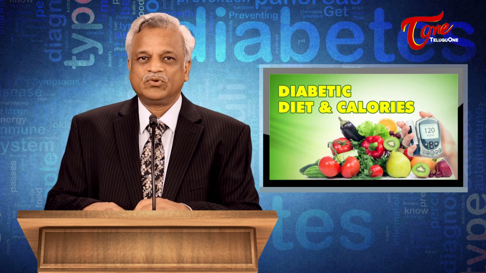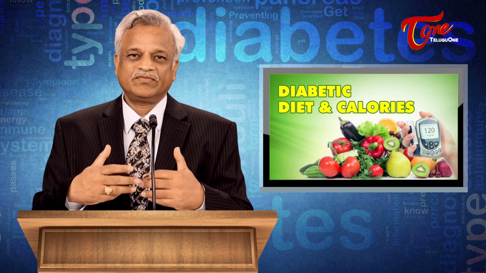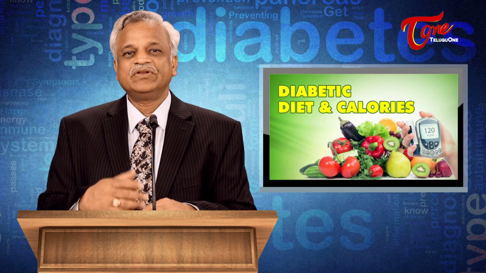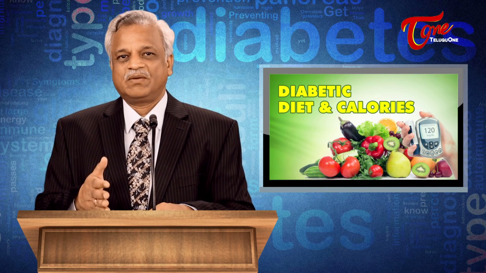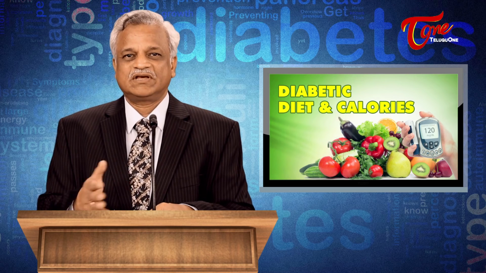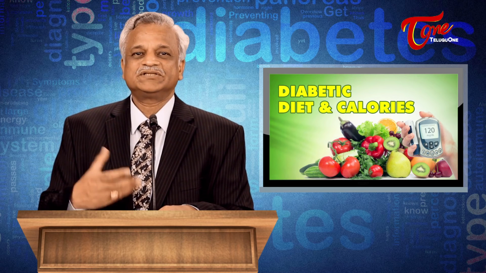We all know that diet is counted by calories, the amount of energy that is released from individual dietary constituents like carbohydrate, protein and fat. These are the three major dietary constituents which provide you with calories. Calories are the energy unit.